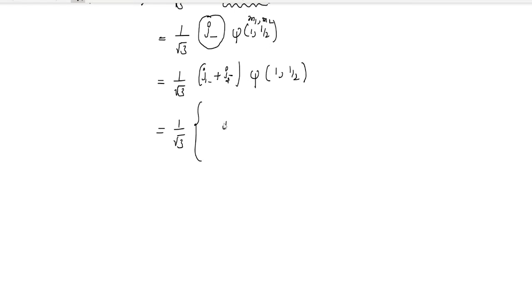So J1 minus wave function psi 1 comma 1 divided by 2 plus J2 minus wave function psi 1 comma 1 divided by 2.